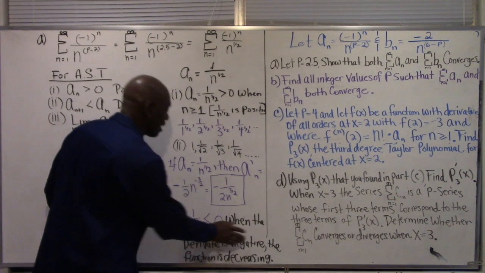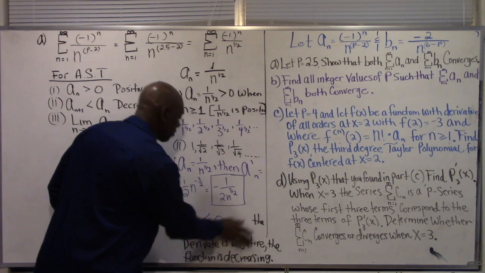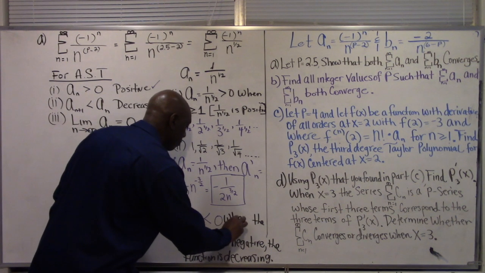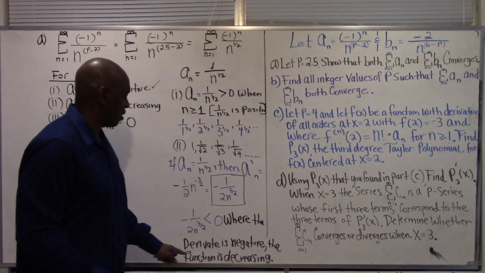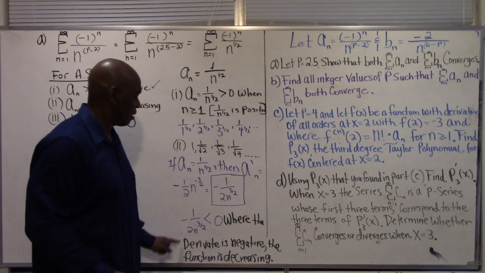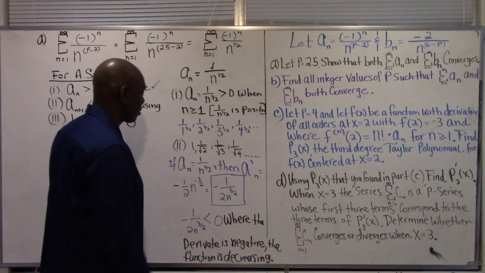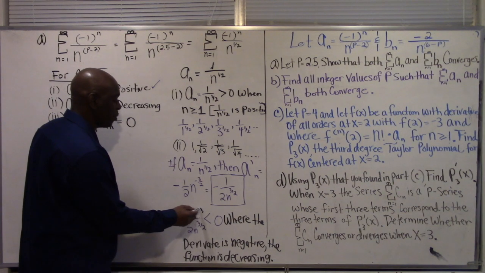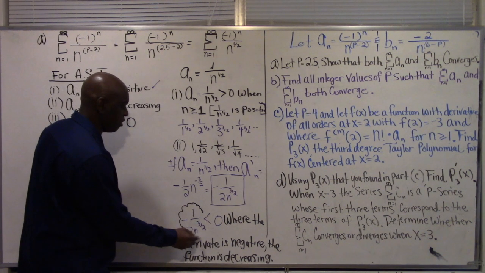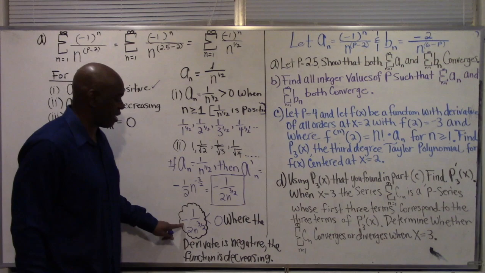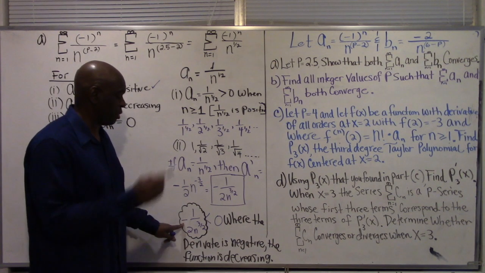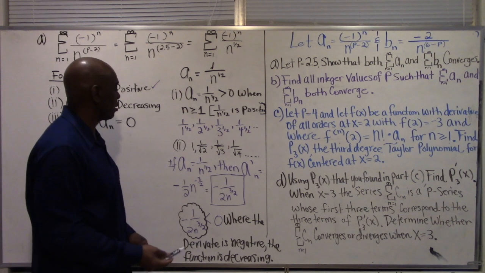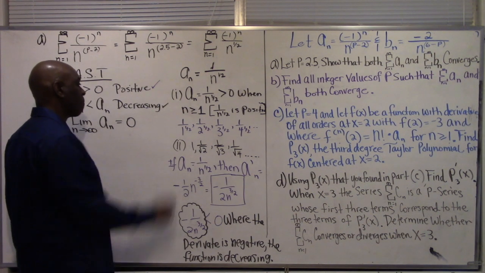So maybe not "when." I want to write the word "where." That's better. Where the derivative is negative, the function is decreasing. Where this derivative is negative everywhere, no matter what value you put in for n, 1, 2, 3, 4, 5, we're going to get out a negative value. Whatever you put in, it's going to come out negative, which means we're strictly decreasing. So condition 2 is met.